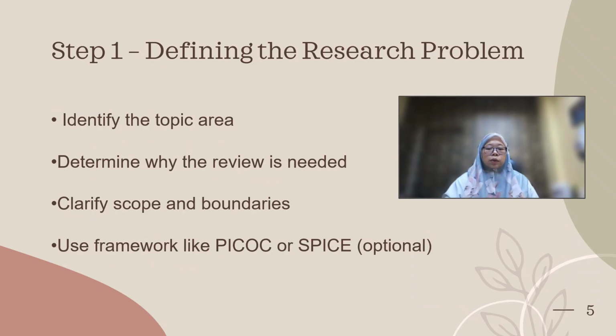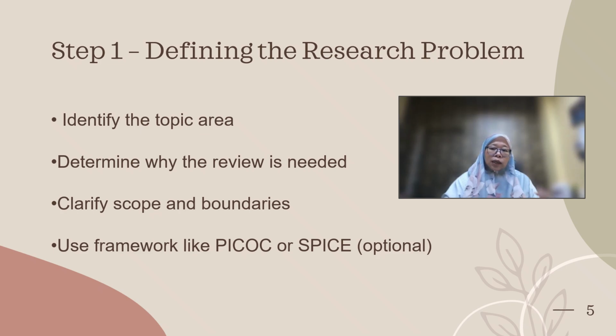Okay, let's go into the steps one by one. We'll begin with step 1. This first step is to clearly define your research problem. You should ask yourself, what topic do I want to explore and why do I need this systematic review?